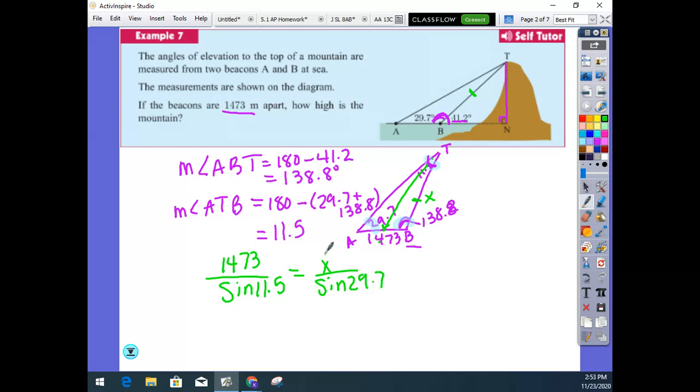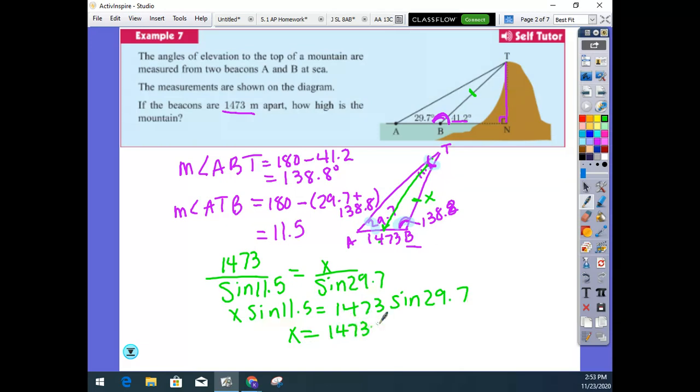So now I'm going to cross multiply, solve for x. So x sine of 11.5 equals 1473 sine of 29.7. So x equals 1473 times sine of 29.7 divided by sine of 11.5.